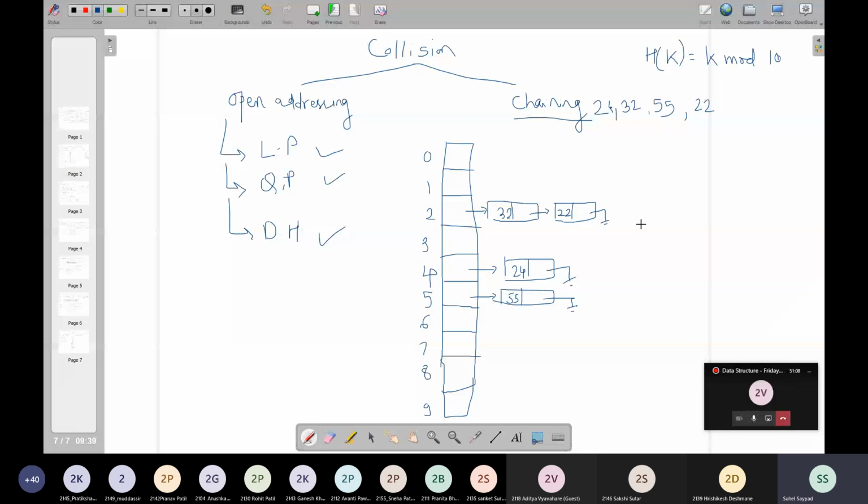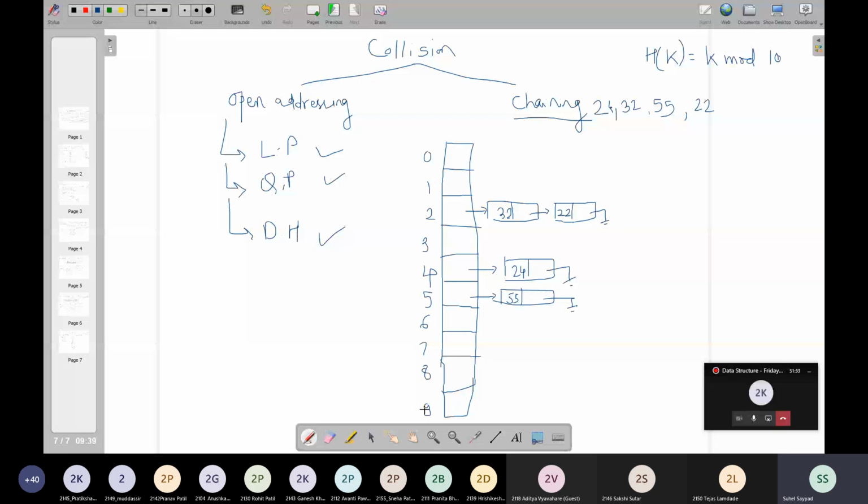But if there is no collision, again, you will get constant complexity. Is this technique of chaining understood, students? Yes, sir. Is the concept understood, how chaining works?